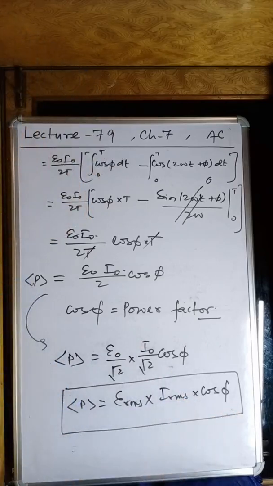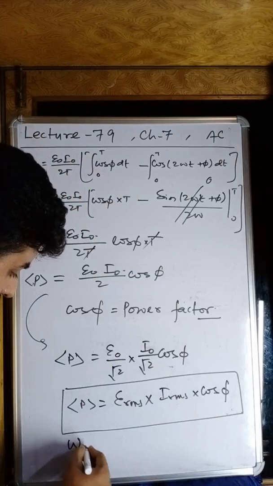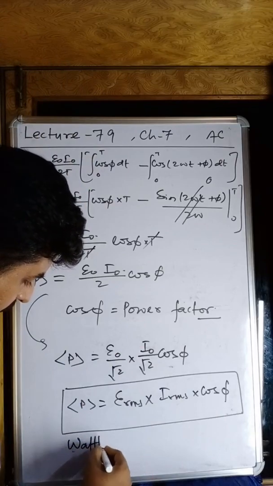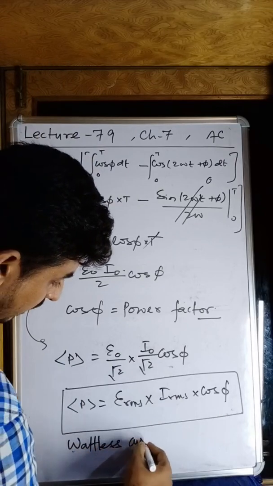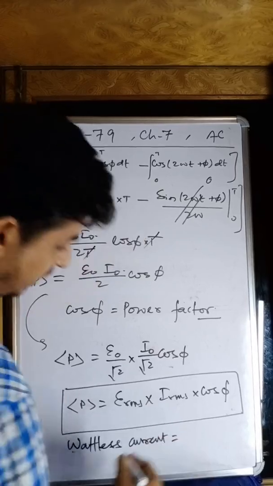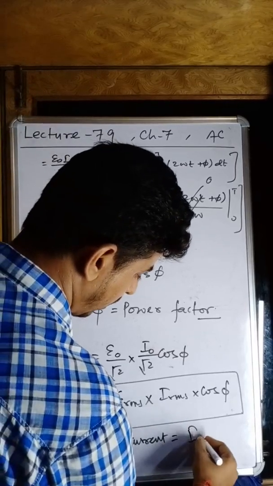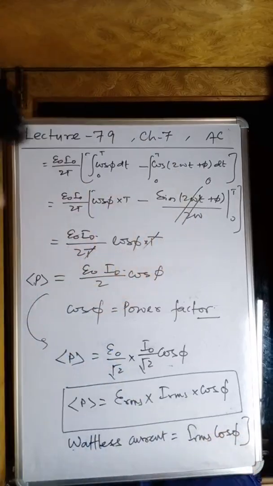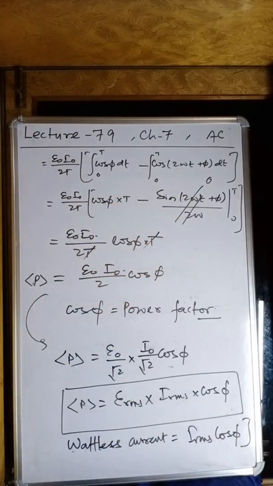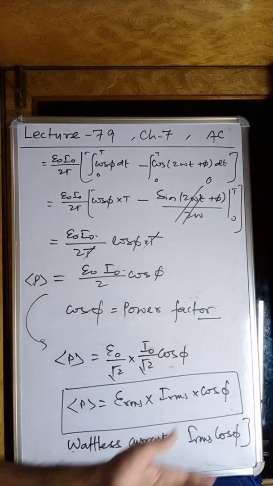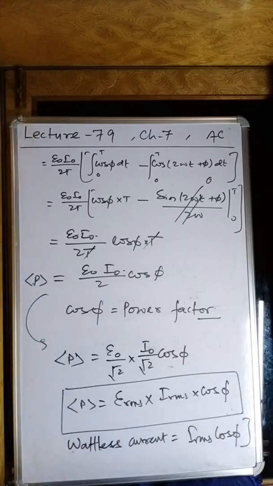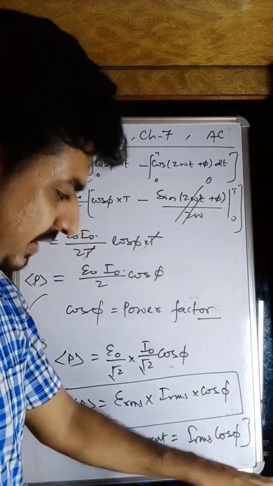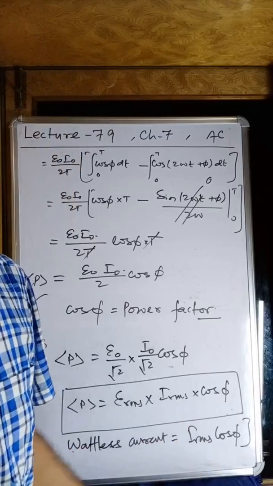If you want to write the wattless current for any circuit, it will be I RMS times cos phi. Remember, this is the value of wattless current. In any circuit, if the phase is given as inductive or capacitive, then in that circuit you can measure the amount of wattless current.